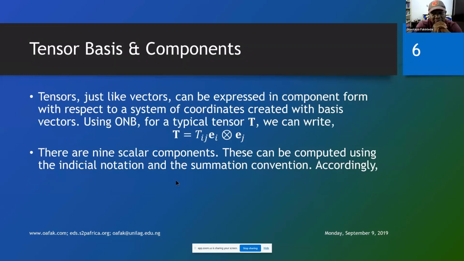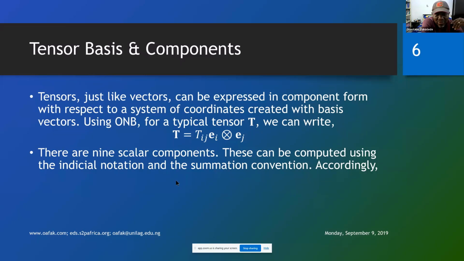Before I move on, let me state here at this point that every idea we have about tensors has a parallel in vectors. That is one of the reasons why we spent a lot of time explaining the idea of vectors earlier. If you forget or you are confused about anything, just know that there must be some parallel between whatever idea you see in tensors and what you have already known about vectors.